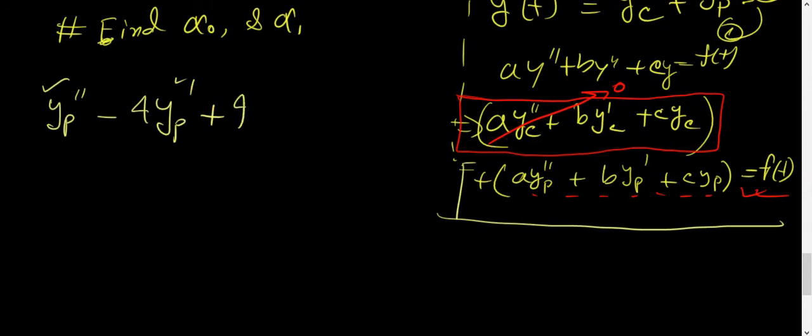And finally you will have over here yp equals f of t, right? This f of t was 12t minus 6 e to the power 2t.